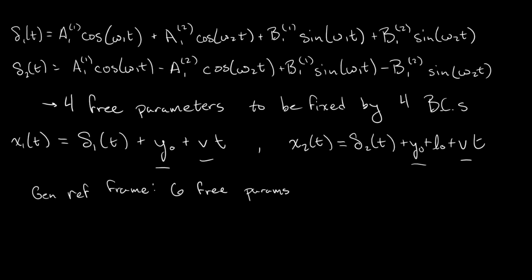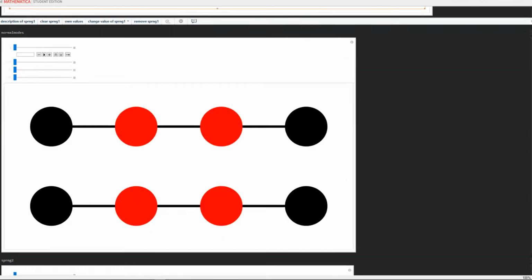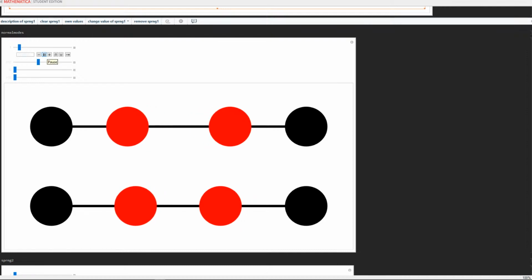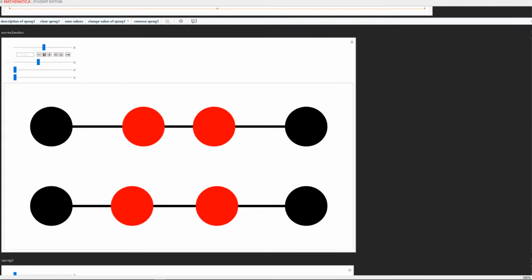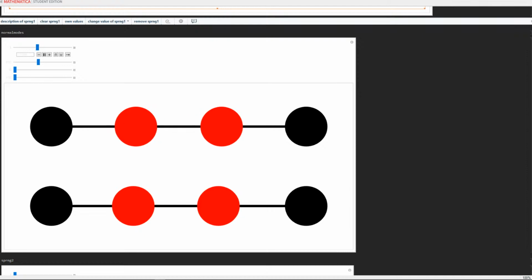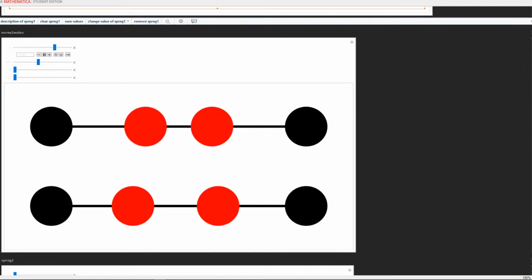Okay, so what does this look like? Let me pull up my nifty little animations here. So we have 2 normal modes. And these normal modes, if I give these some initial displacement, are going to look like this. We have one slow mode, which is the lower one, which is just the 2 oscillators, essentially the case where I never extend or compress the middle spring.